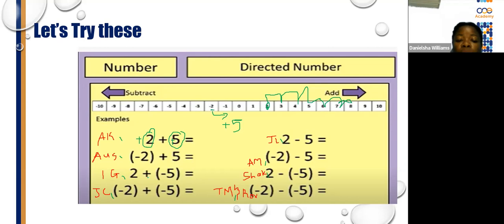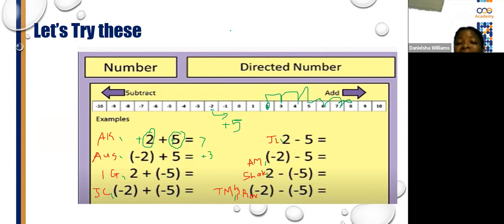So for the third one, also the answer, let me just quickly write it. So this answer is going to be +3. Remember, we don't usually write a sign. Well, let me put 7 for this one. 2 plus -5. So usually when we're adding, we should go to the right.